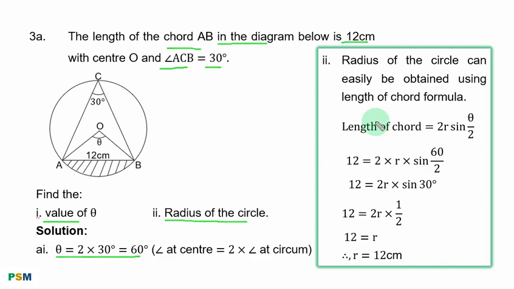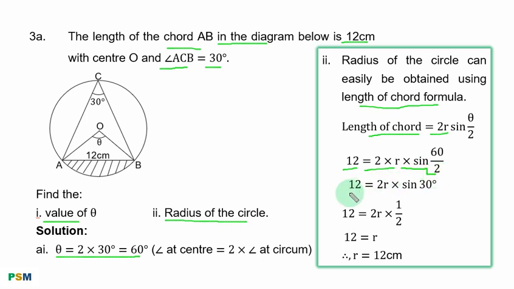Roman figure 2, radius of the circle can easily be obtained using length of chord formula. Length of chord is equal to 2 times radius times sine theta over 2. The length of the chord AB is 12 cm, equal to 2 times radius times sine 60 degrees over 2.